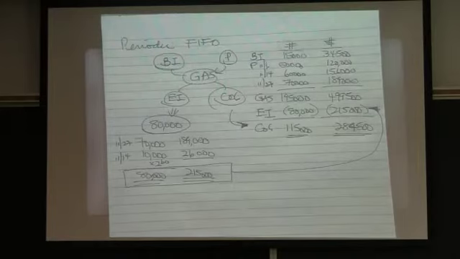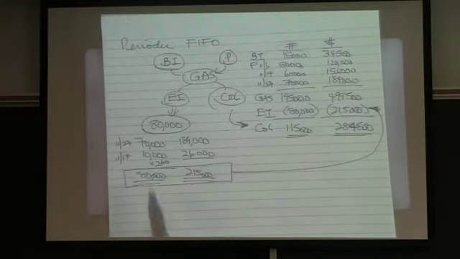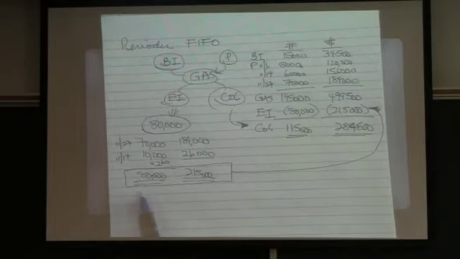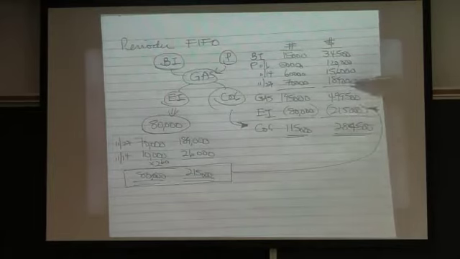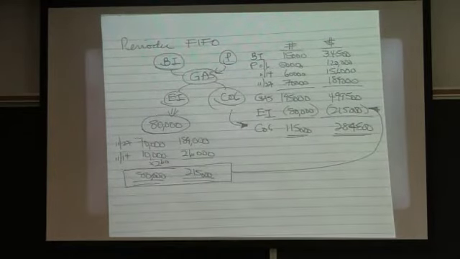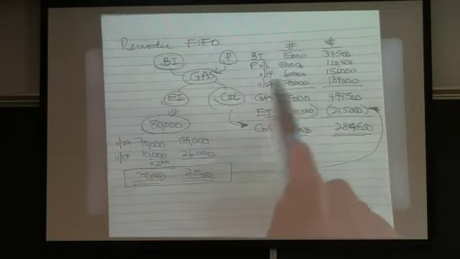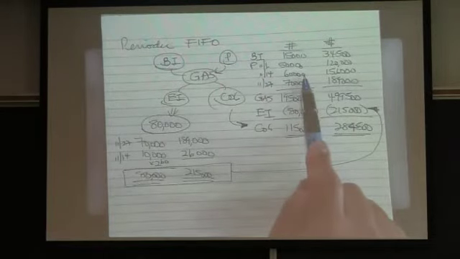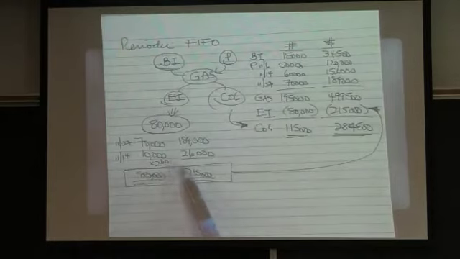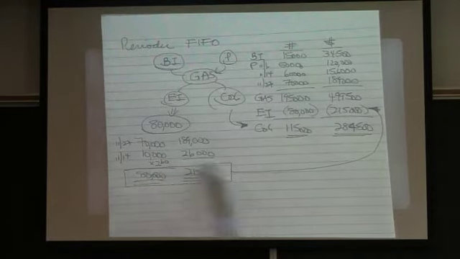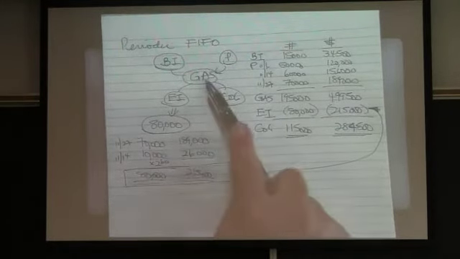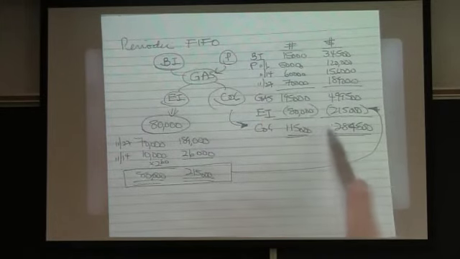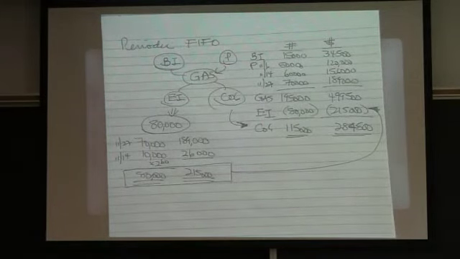We know there was only 80,000 units left, and that must have come from the most recent purchase, that was 70,000 at $189,000, and the 10,000 units must have come from the November 14th purchase at $2.60. So that must be your ending inventory. If we subtract it from goods available for sale, that gives us our cost of goods sold.